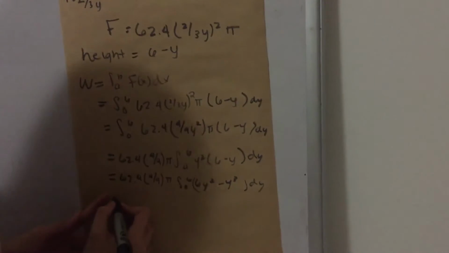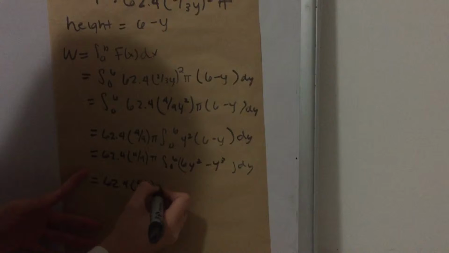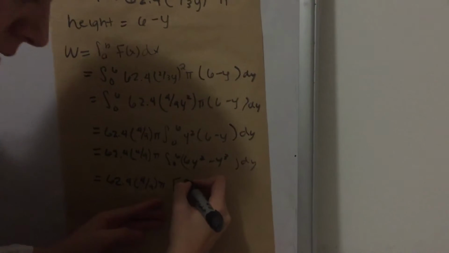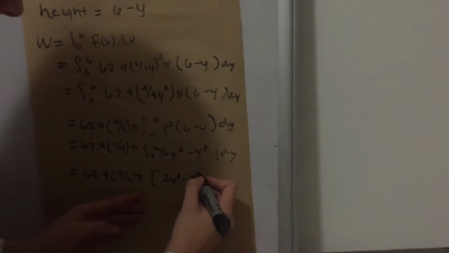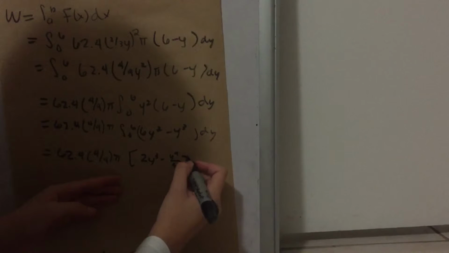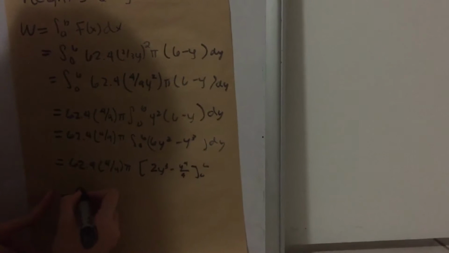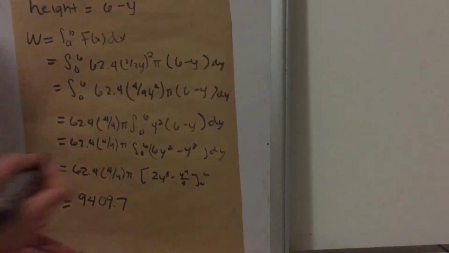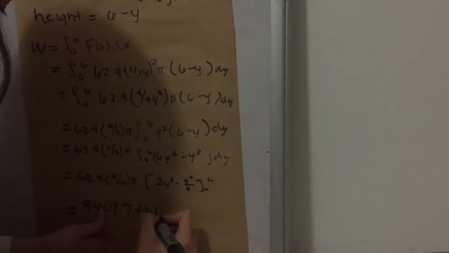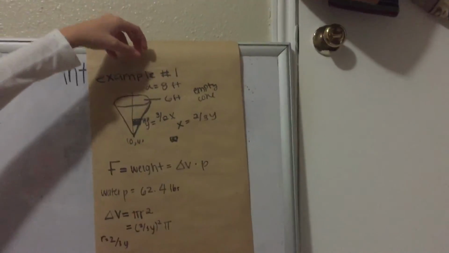It equals 62.4 times 4 divided by 9 pi. Integral is 2y cubed minus y to the 4th over 4, from 0 to 6. You plug it in, and your final answer is going to be 9409.7. You can plug this into a calculator once you get done. But this is in foot pounds. This is your final answer. And this is for a cone that is having water pushed out.